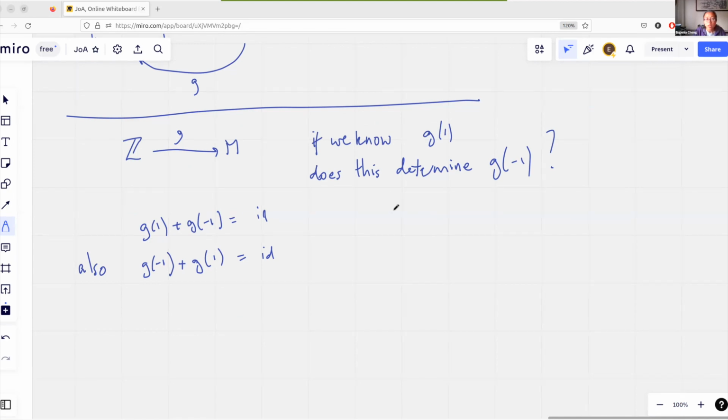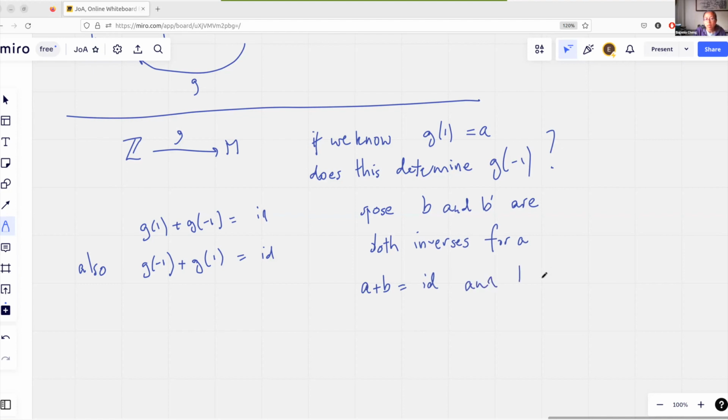So what we can do is we can say, suppose this is called A. Suppose B and B prime are both inverses of A. So we know that A plus B will equal the identity, right? But then we also know that B prime can cancel out A from the other side, and B prime plus A is the identity.